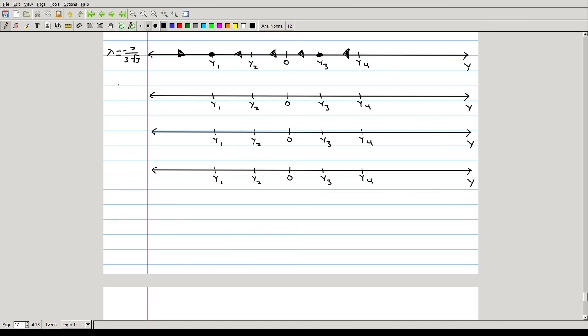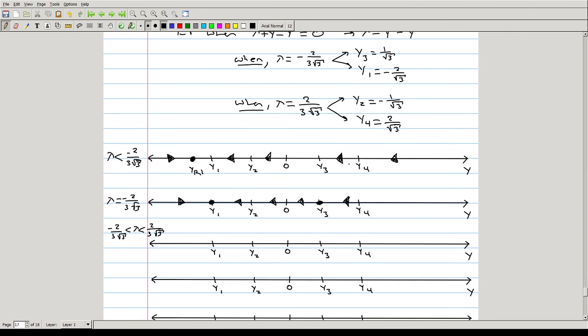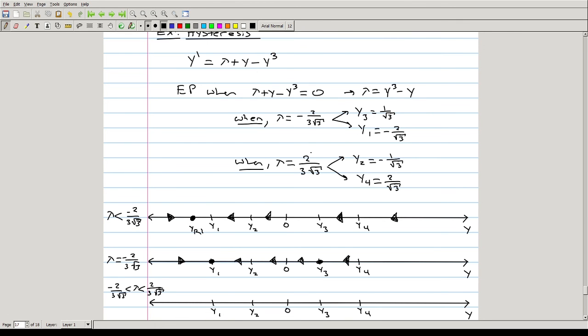When lambda is between negative 2 over 3 root 3 and positive 2 over 3 root 3, we'll actually have three real roots to this equation. You can go through and use the cubic formula to show this.